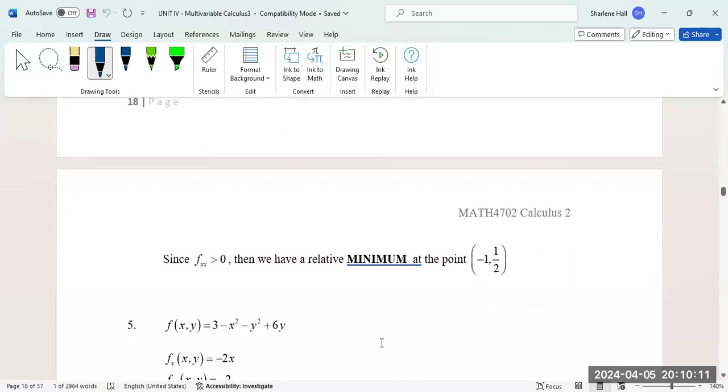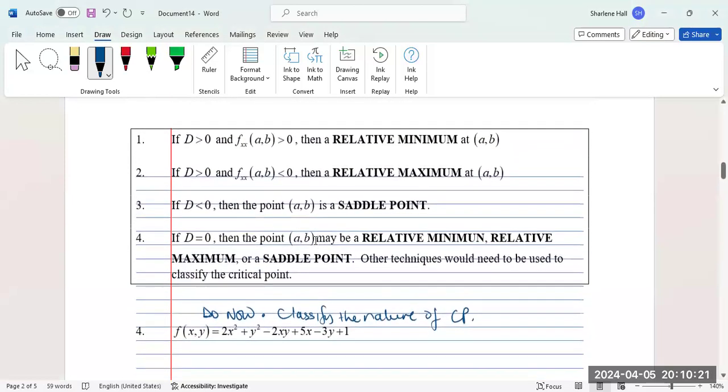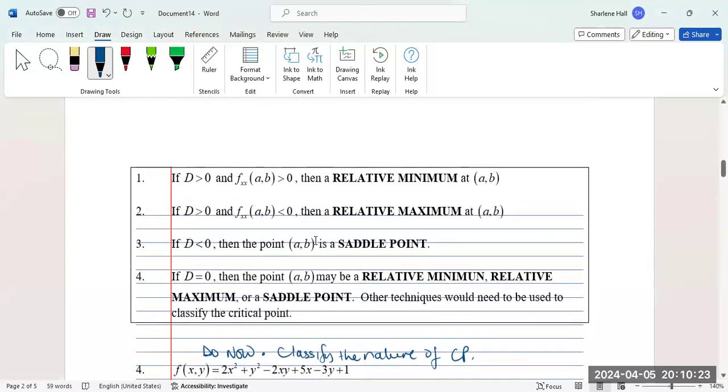Let me go back to what you were asking about here. If you look at it, if D is positive and f of xx is also positive, if you have two positives, then you have a relative minimum.